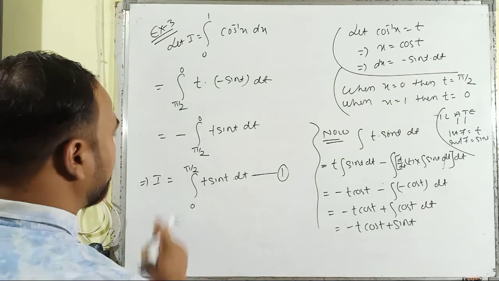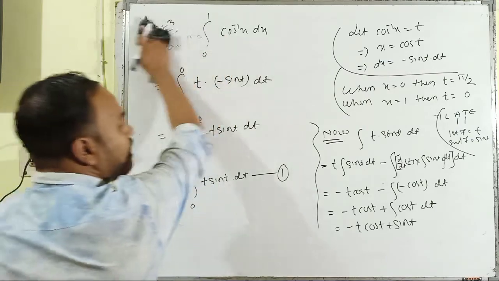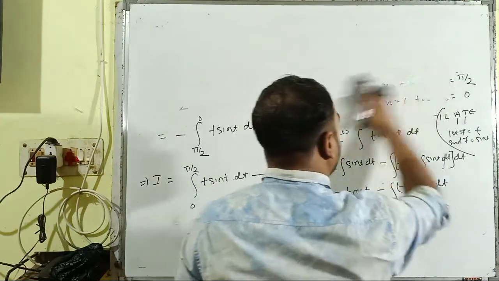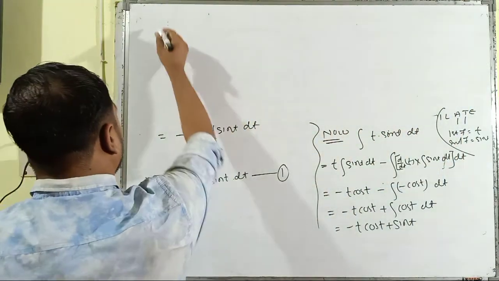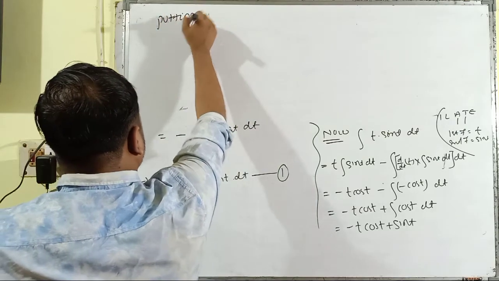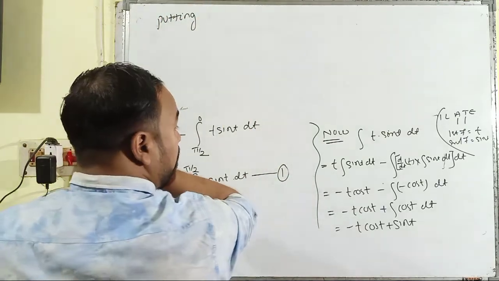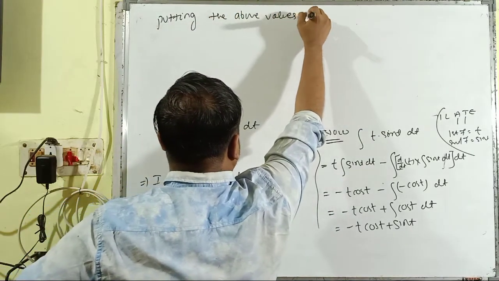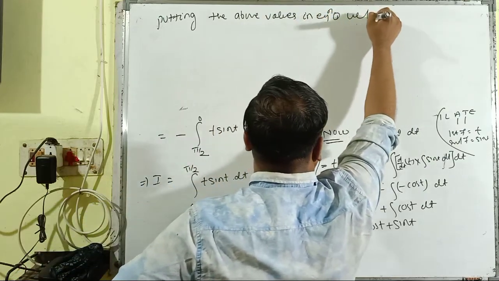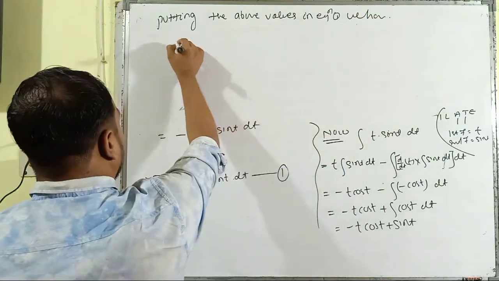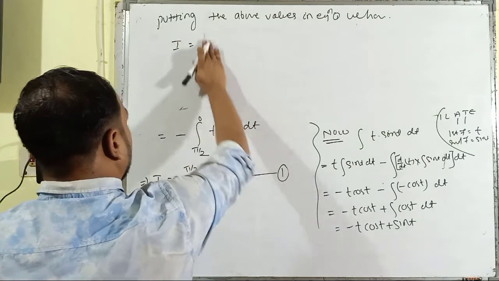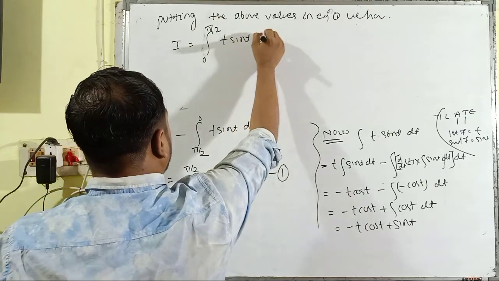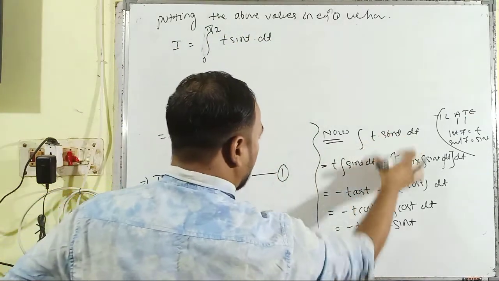So putting the above values in equation 1, we have I is equal to the integral of t sin t dt, and we put these values in place of the integral.